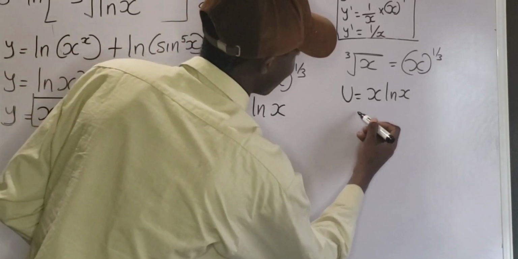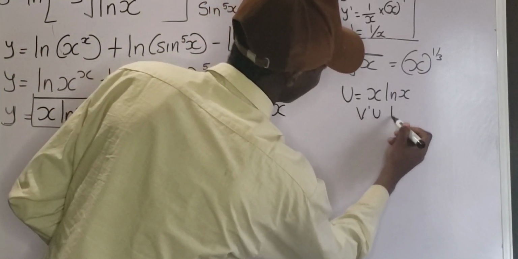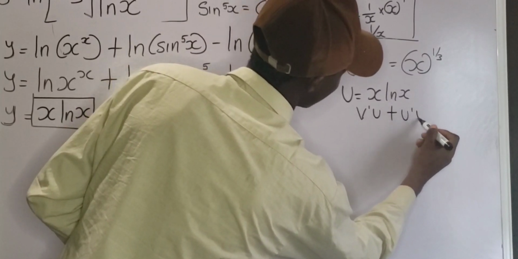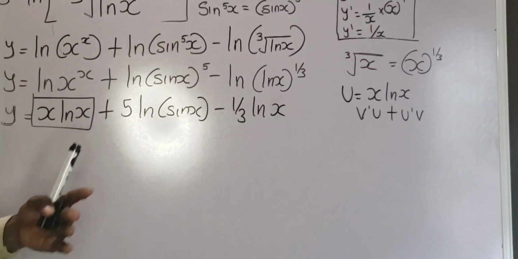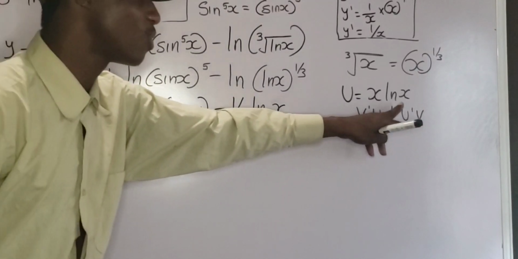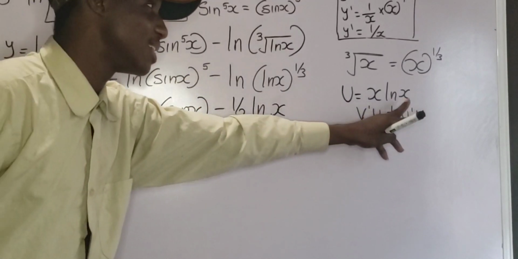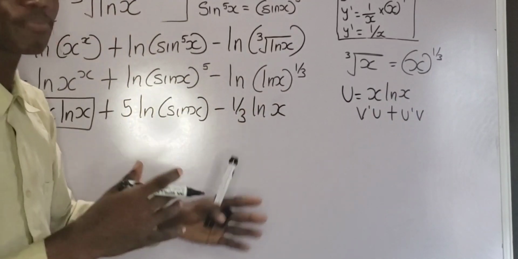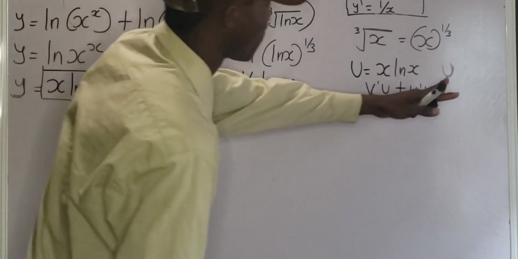The product rule states that the derivative of v multiplied by u plus the derivative of u multiplied by v. We make use of the product rule when we have a function that has two parts and these two parts are multiplying each other. An example of that function is this. We have x as the first part and ln x as the second part of this function. Do you understand? Okay, let's differentiate this function.